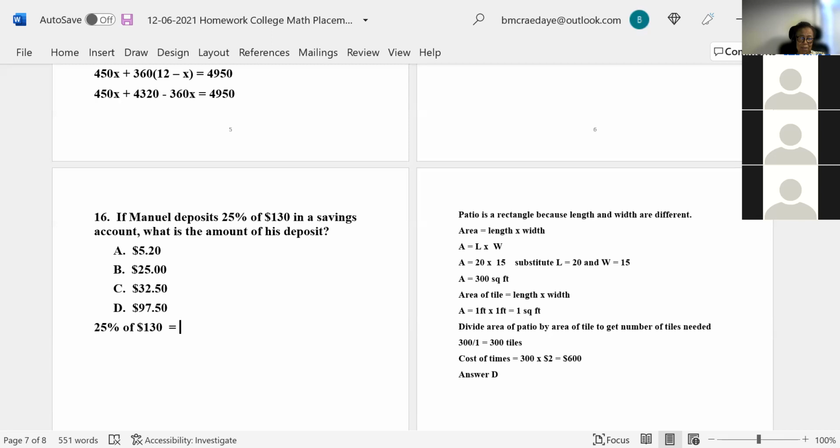So what would that be in a fraction? Four quarters, yeah. So 1/4. You could make it 0.25 and multiply, but the easiest way would just say 1/4 of $130.